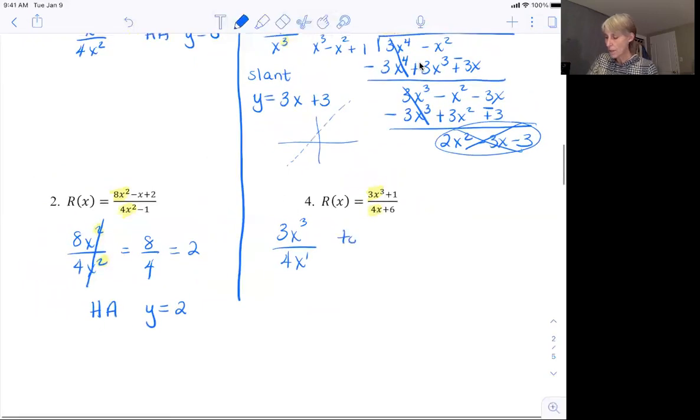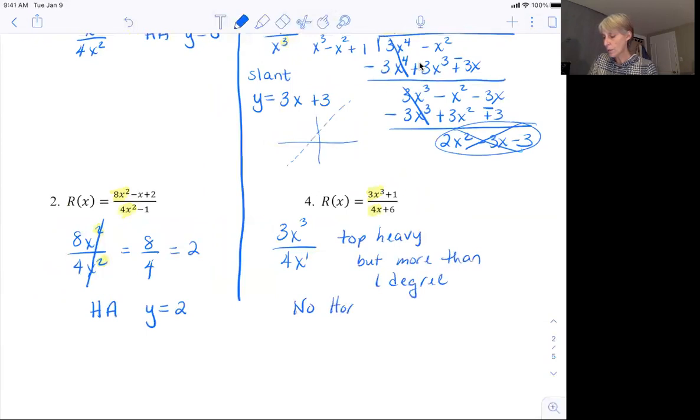So this is top heavy, but more than 1. So this is going to be no horizontal or slant asymptote. So I don't have to do anything else. No work, no nothing. Okay, we're not going to study those this year.